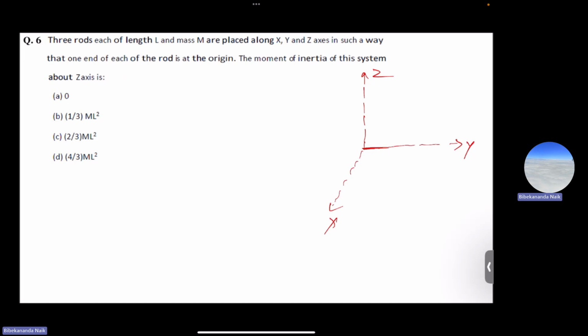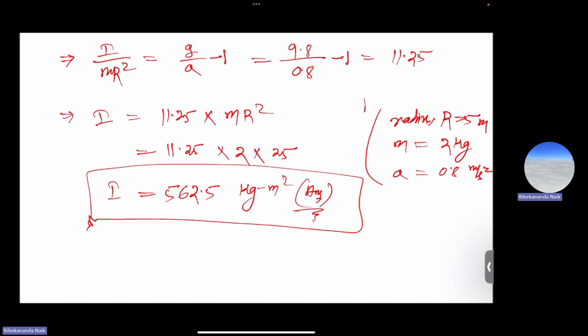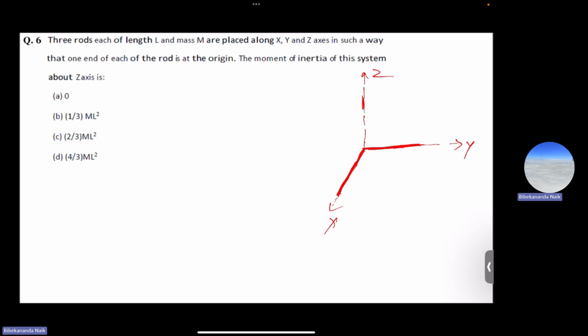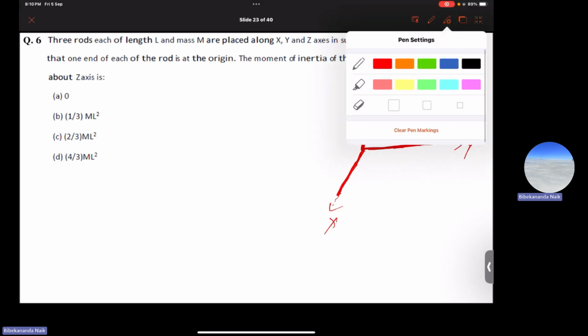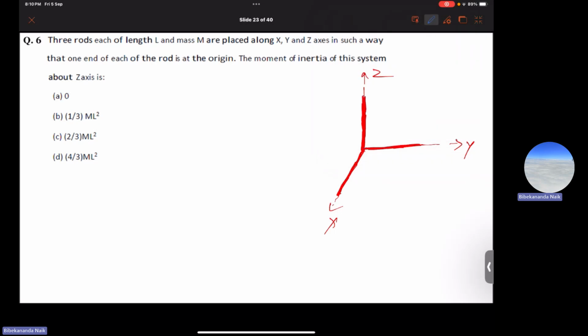So one rod is placed along this. This is one rod. This is one rod. Let me use different inks.